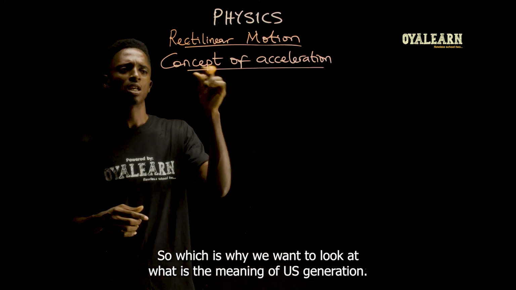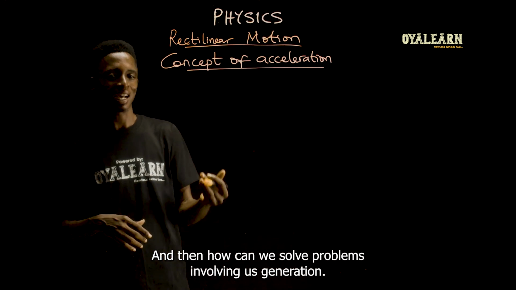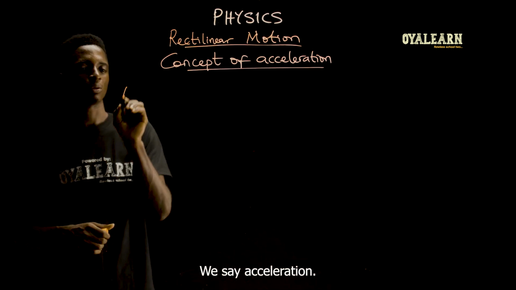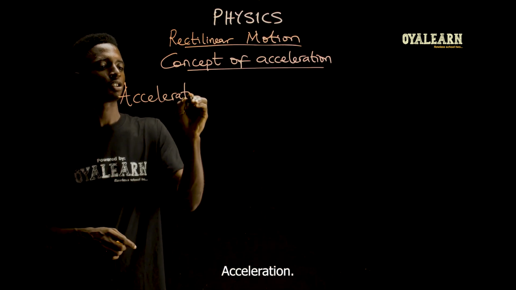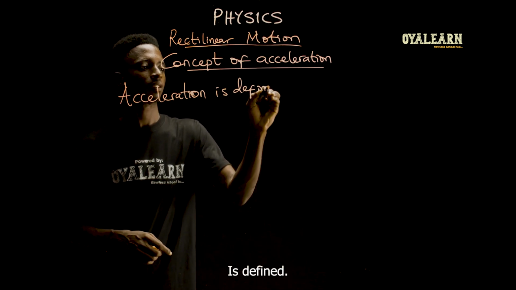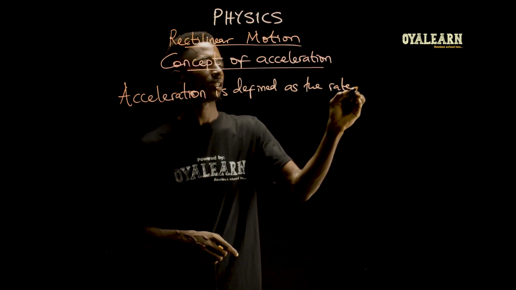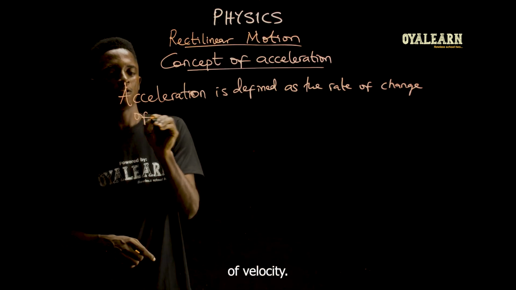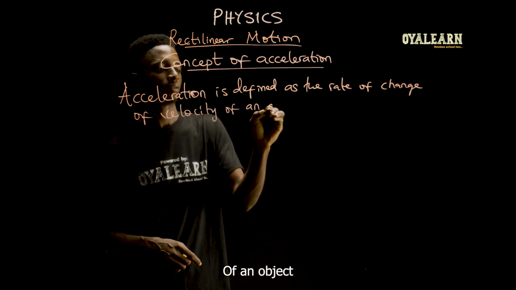So which is why we want to look at what is the meaning of acceleration and then how can we solve problems involving acceleration. So first, let's define acceleration. We say acceleration is defined as the rate of change of velocity of an object.